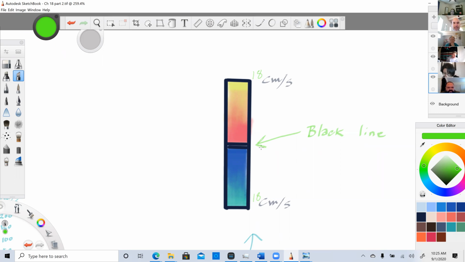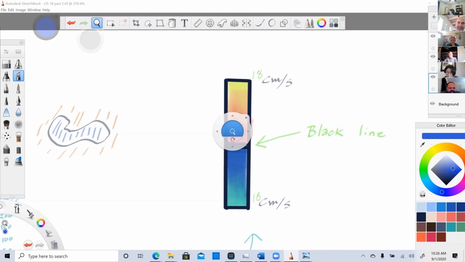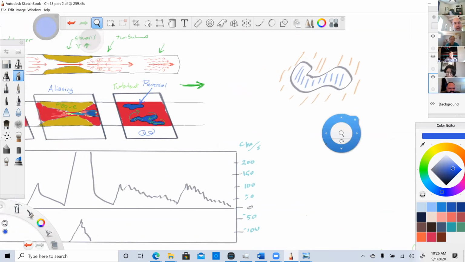Here we have that black line. Now remember, we had a black line between the red and the blue, and I said that shows reversal.